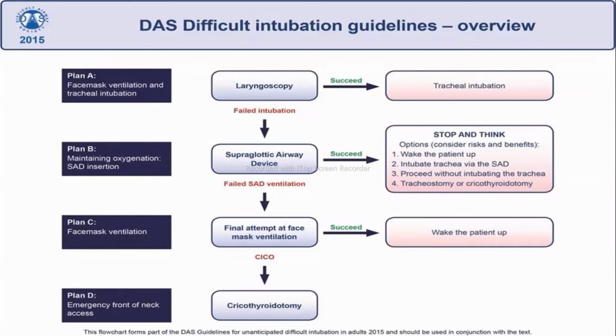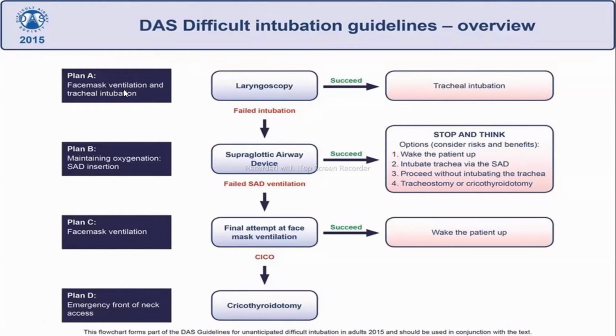So if the patient is not responding and the oxygen saturation is less than 94 after all these interventions, you have to go for difficult airway algorithm: plan A, plan B, plan C, plan D. Plan A is face mask ventilation, meaning bag valve mask, and tracheal intubation.